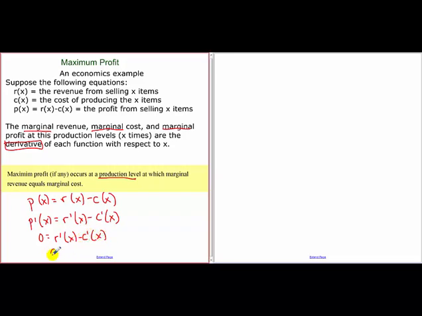So now if I add the C prime, which is our marginal cost, over to the other side, that is why when we're finding the maximum profit, we have our marginal cost equaling the marginal revenue.